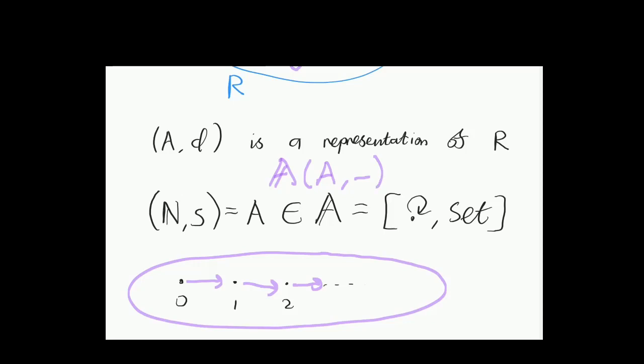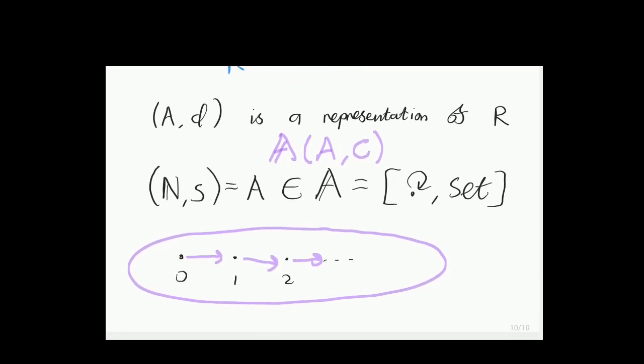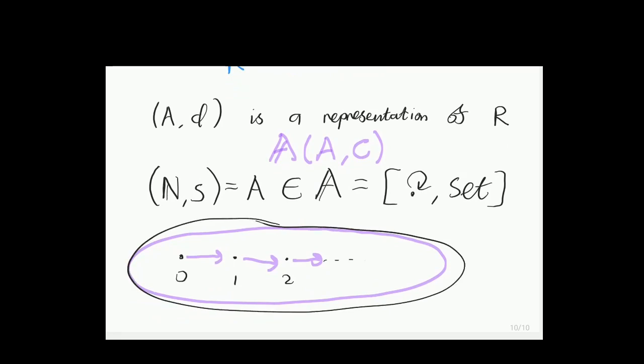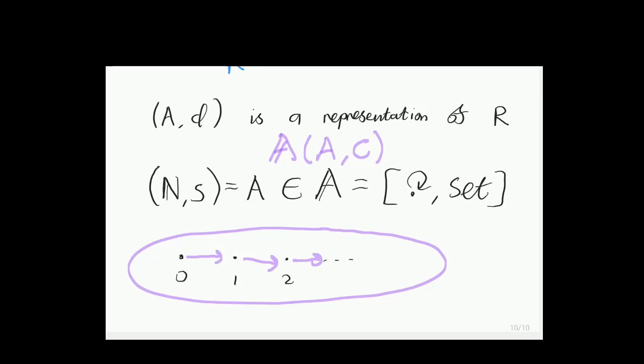Well, basically, this is going to take, say, an object C, and it's going to give us the set of morphisms of dynamical systems from this natural number dynamical system to the dynamical system C.